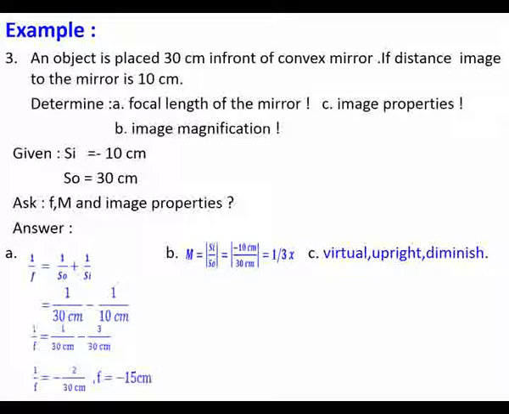For answer C, image properties, based on the problem, because SI is negative 10 centimeters, we can conclude the image is virtual, and a virtual image must be upright. And from the answer to point B, because the magnification is 1 per 3, the image is diminished. So we can say the image properties are virtual, upright, and diminished.